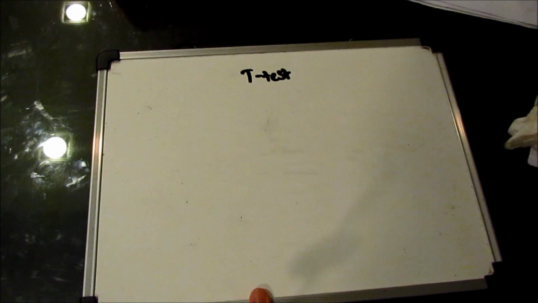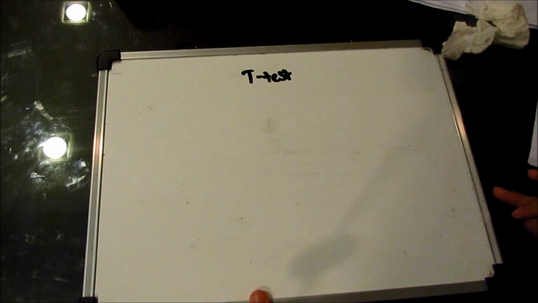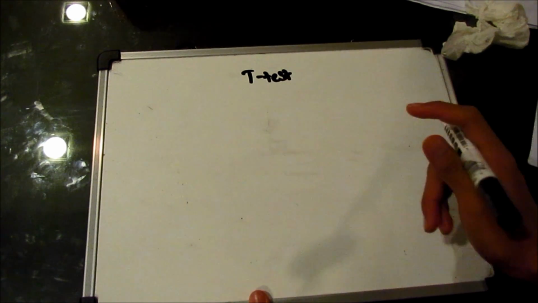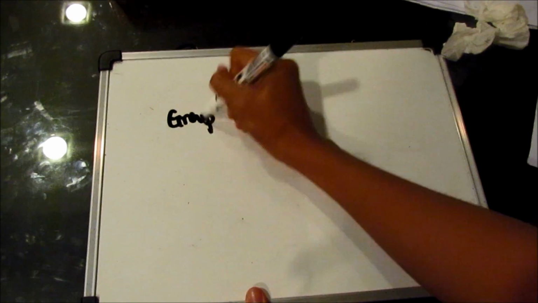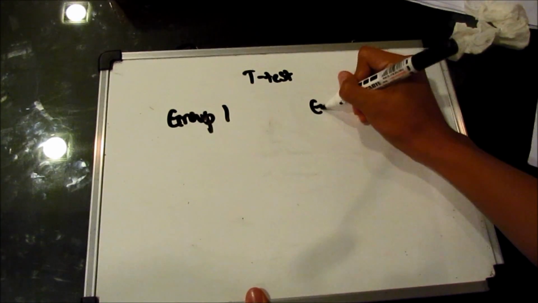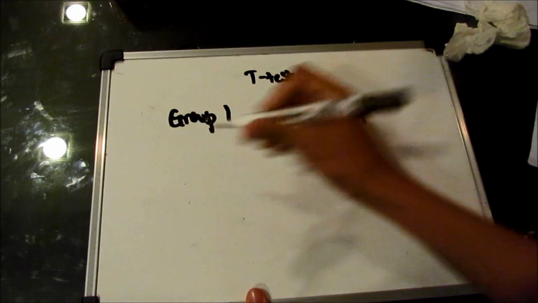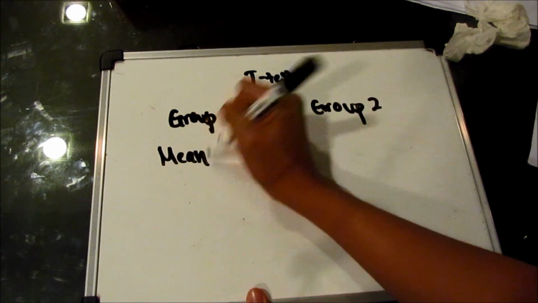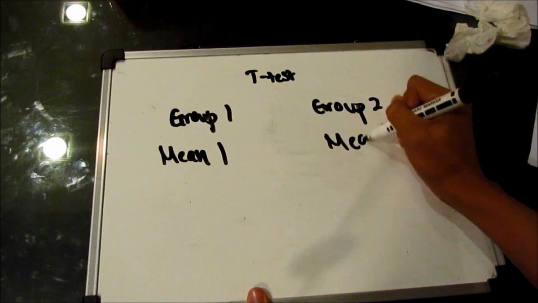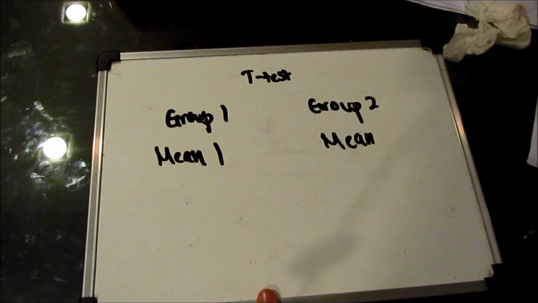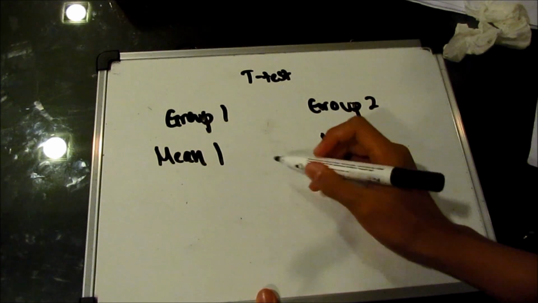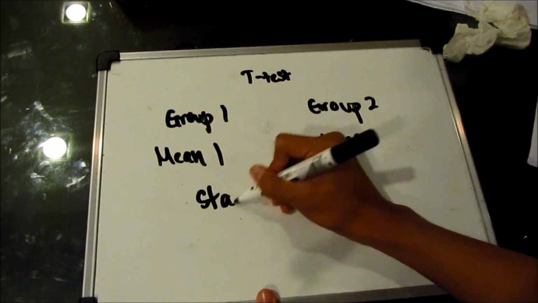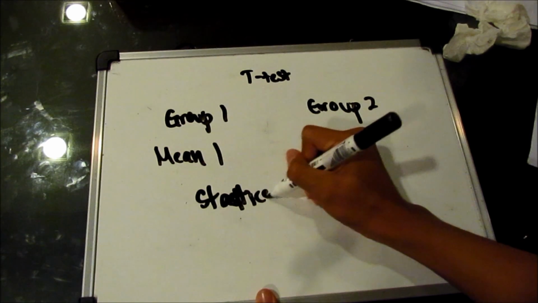T-test is basically used to compare the two means of two groups or conditions, to tell if there is any difference between the two means or if they are statistically significant.